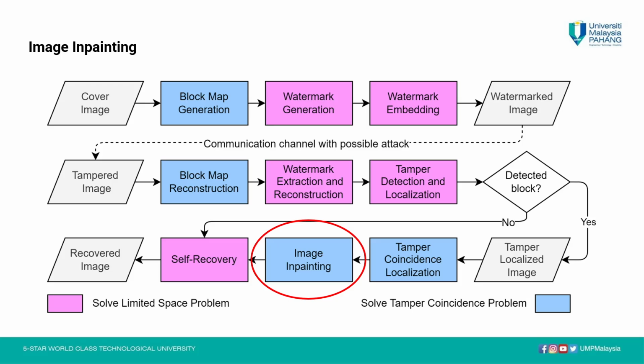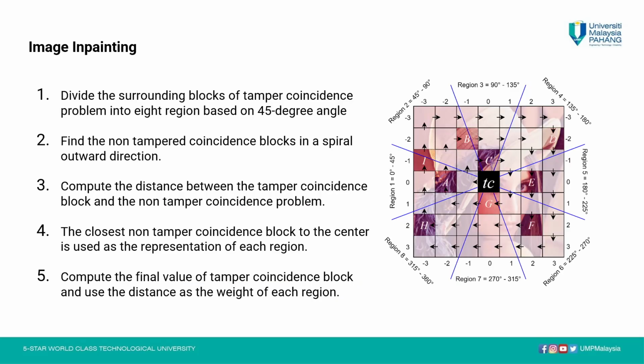Okay, and then for the second problem, we use image inpainting to solve the tamper coincident problem. This is how we solve the problem in image inpainting. This is the tamper coincident problem, a block with tamper coincident here in the center.